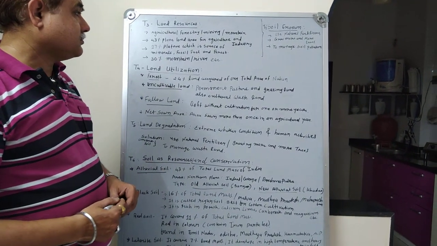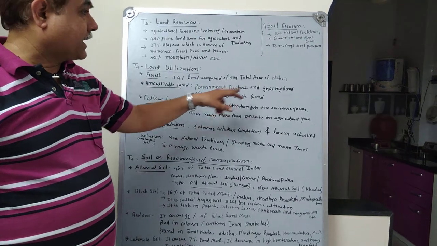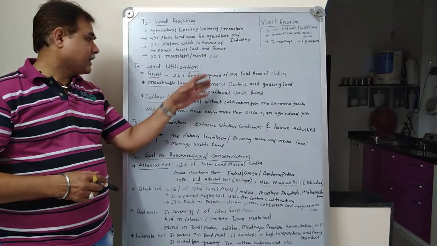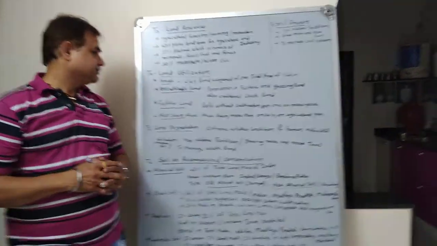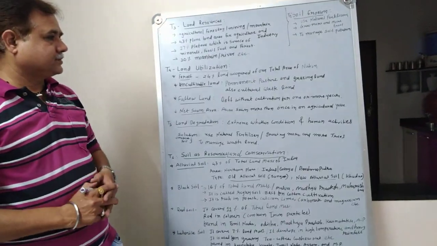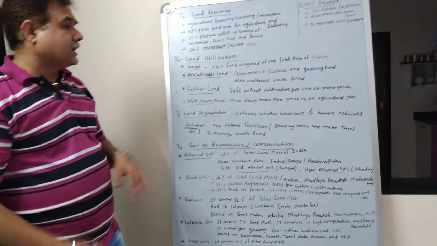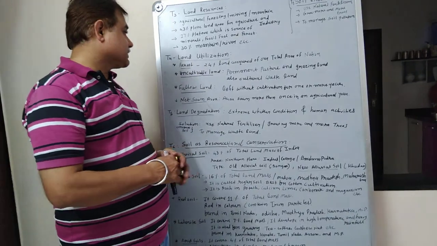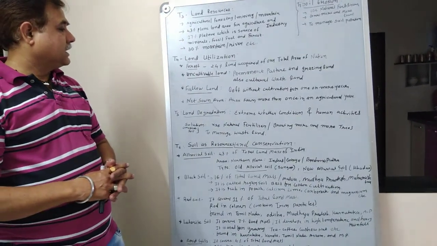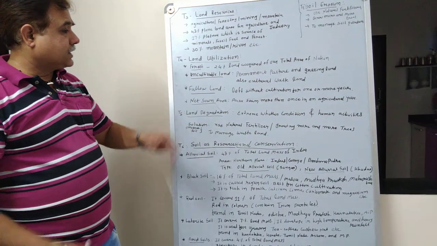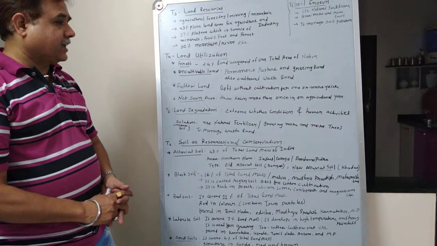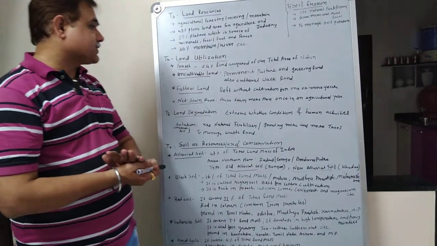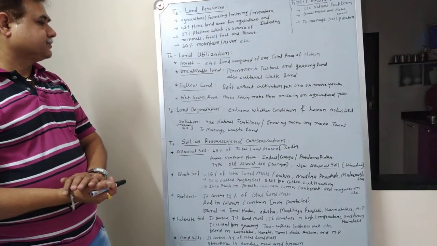Uncultivable land: permanent pasture and grazing land, also cultural wasteland, are known as uncultivable land. Fallow land: what does fallow land mean? Land left without cultivation for 1 or more years is known as fallow land. Fourth is net sown area: area sown more than once in an agricultural year. This is known as net sown area.